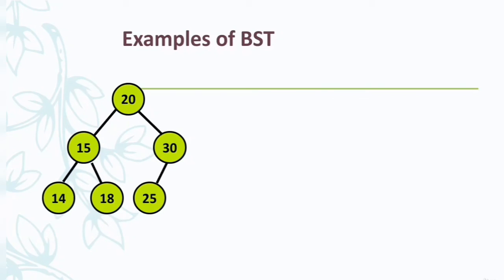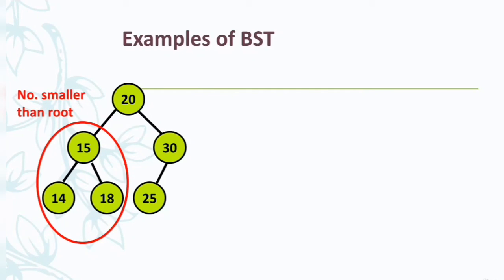If we consider this as a tree, in this case 20 is the root node, and you can see, guys, that the left subtree has all the elements which are smaller than the root node. Again, the left subtree is also a BST, as 15 is the root node, and its left part consists of all the elements which are smaller than the root, and the right part consists of all the elements which are greater than the root.